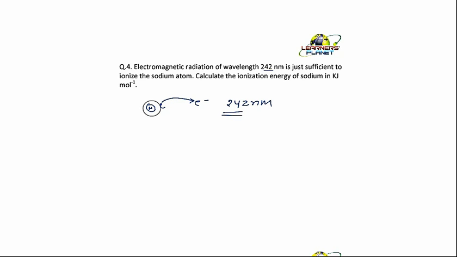It means the given wave has got the energy which is equal to the ionization energy of the sodium atom. We are taking a wave of 242 nanometer wavelength, and that energy is sufficient to remove this electron.